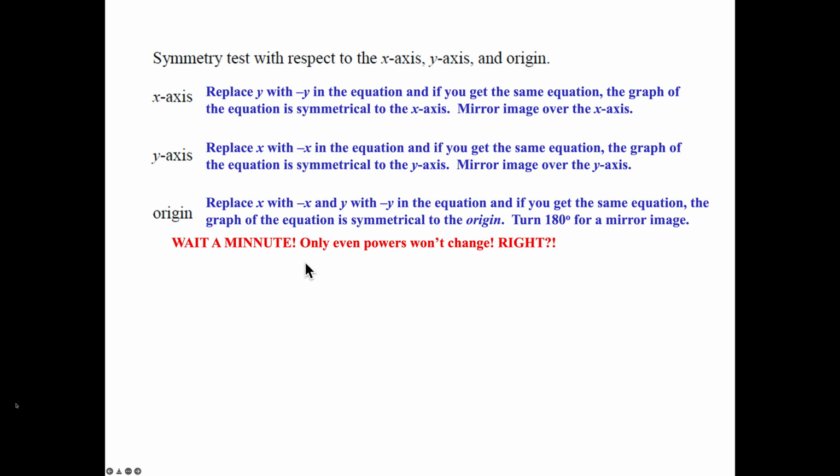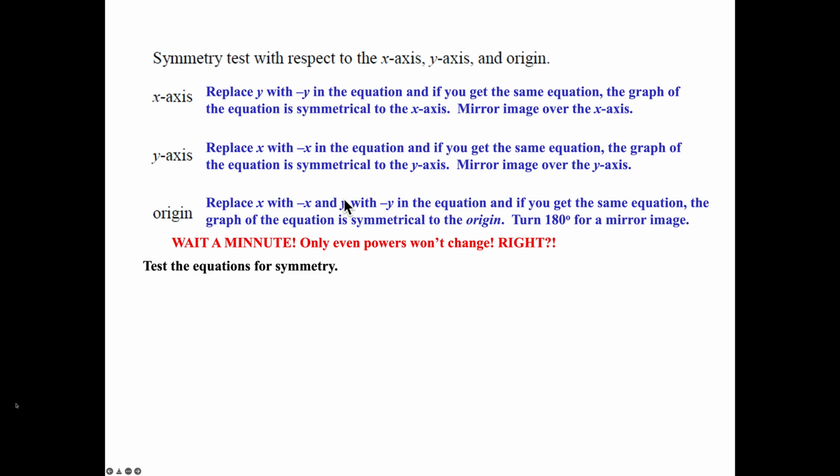So the only way that symmetry is going to work for x and y, you need to see your x's and y's raised to even powers. That sounds good there, but that doesn't necessarily have to work for the origin. So that one's going to be kind of sneaky.